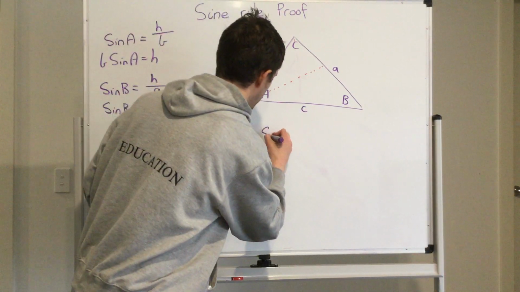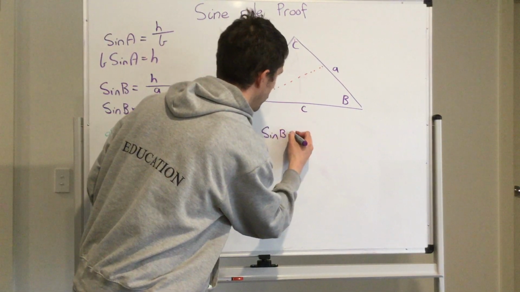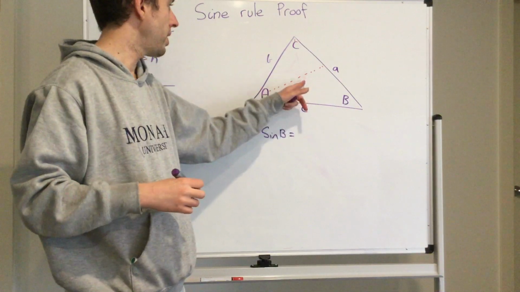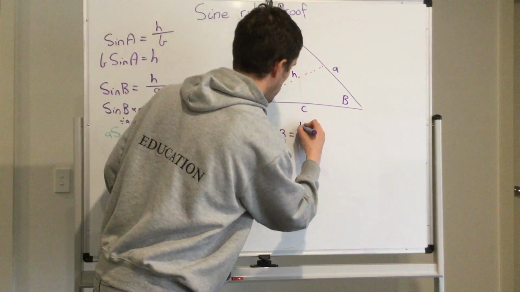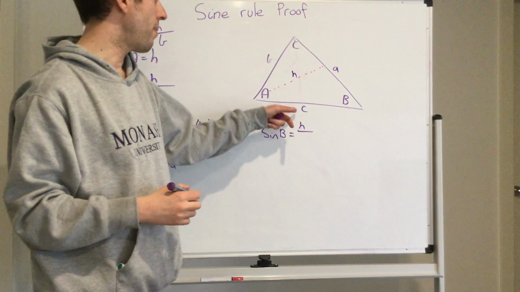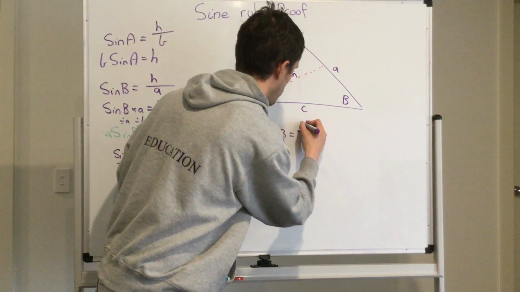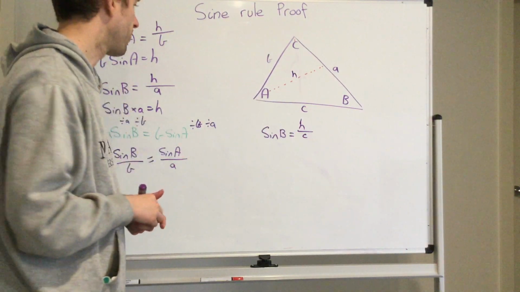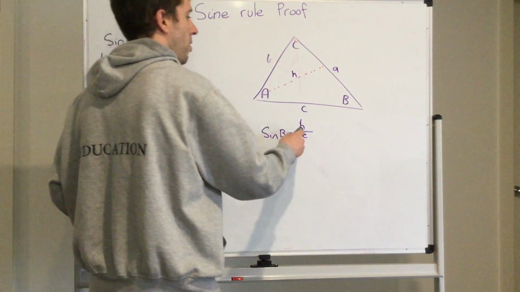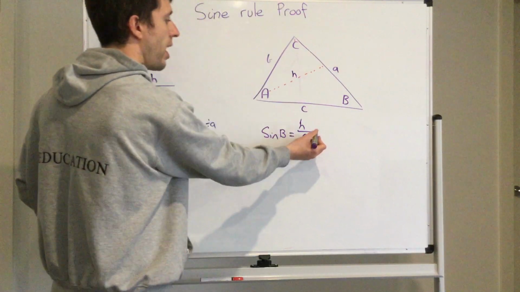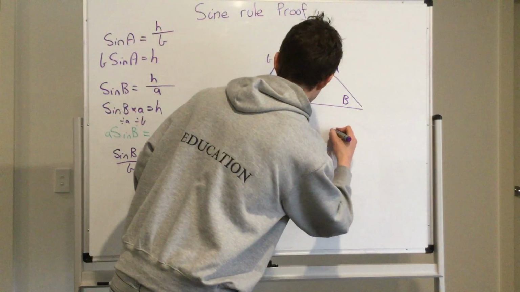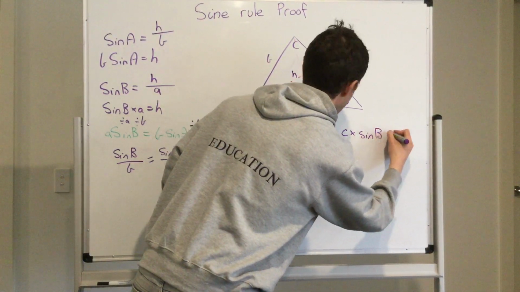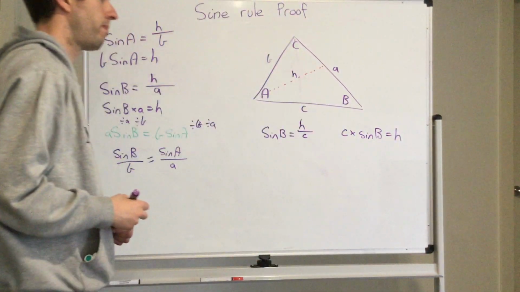So I'm going to go sine B, angle B is opposite, so that is h, opposite over hypotenuse c. I want c by itself, so I want h by itself, so I'm going to times both sides by c. That's the same as c sine B equals h.